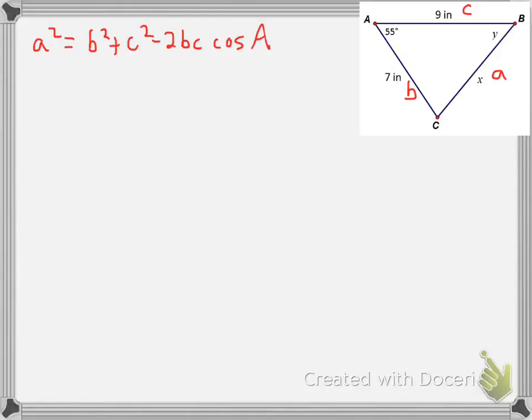You might use the law of sines to do this one first, but you're going to get stuck at some point if you start doing it first. So you need some more stuff there. And so this will let us do that with the information we're given.